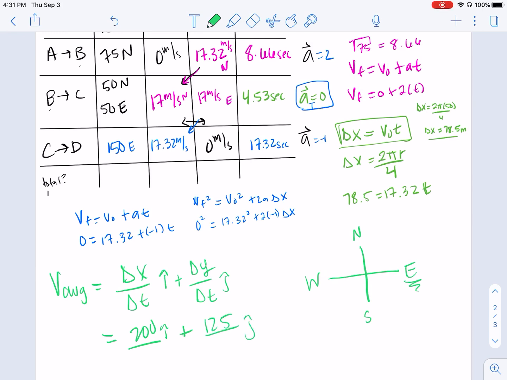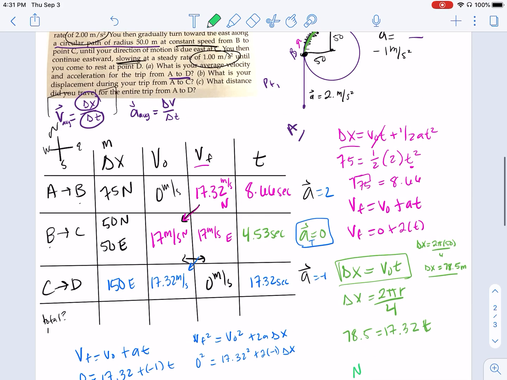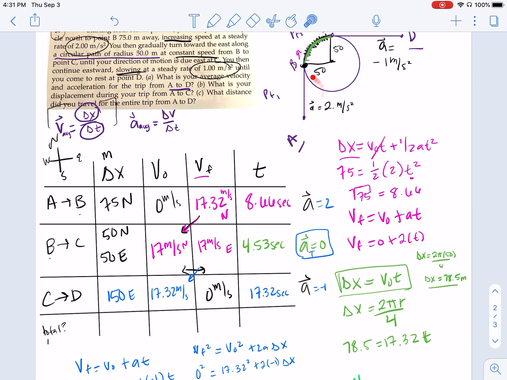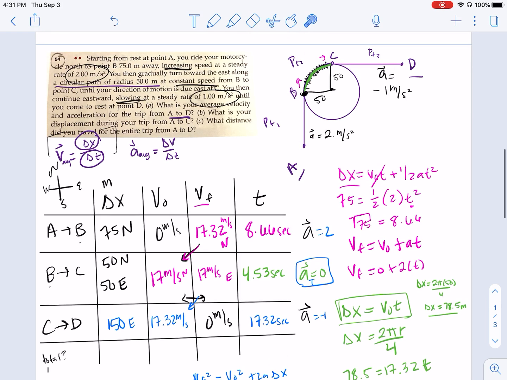This is where most people go wrong, they're not sure how to split up the time. They try and figure out how much time was spent in this portion, how much time was spent here, and how much time was spent here. But when we're finding the average, we're talking about the total. So even though over here we're only going in the x direction, we still have average velocity going on here because my paths start in the north direction.